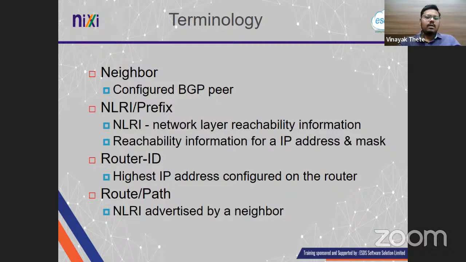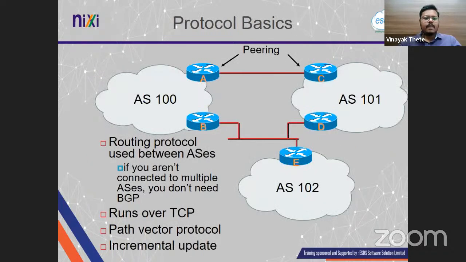Then the route path: the IP address reachability information advertised by the neighbor, or the path across the neighbors, between the neighbors. So these are the protocol basics.